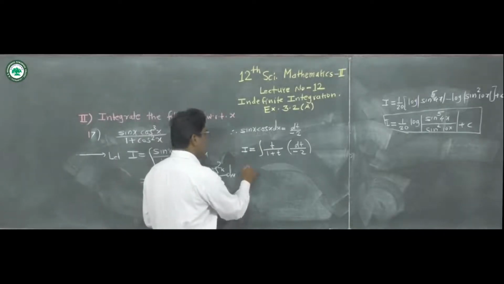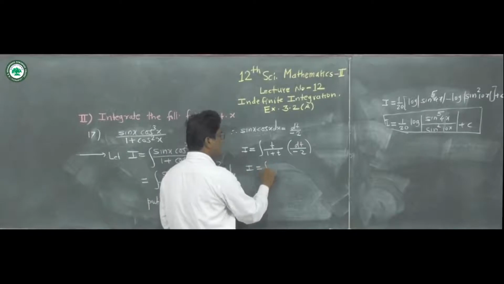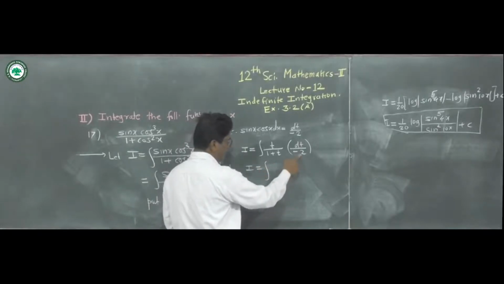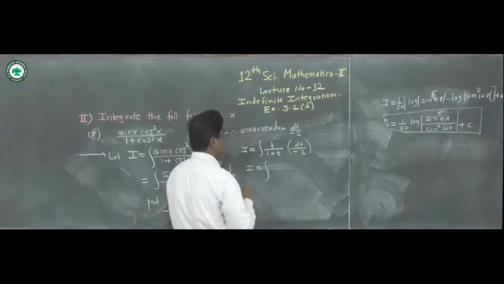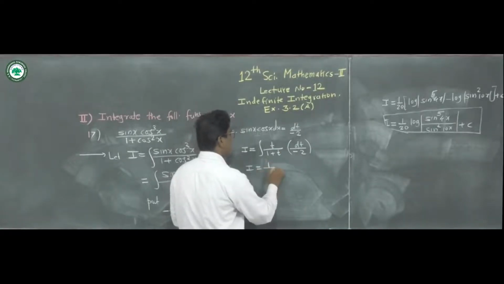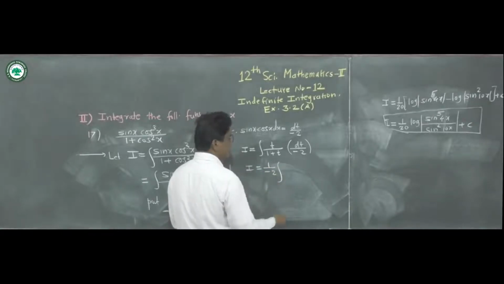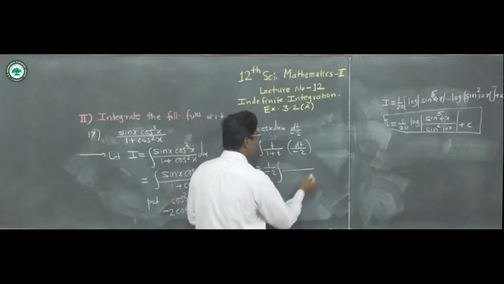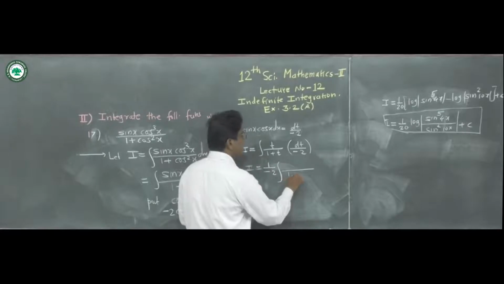So I is equal to, here we take minus 2 constant outside the integral, and so we write 1 upon minus 2 integration of t upon 1 plus t.